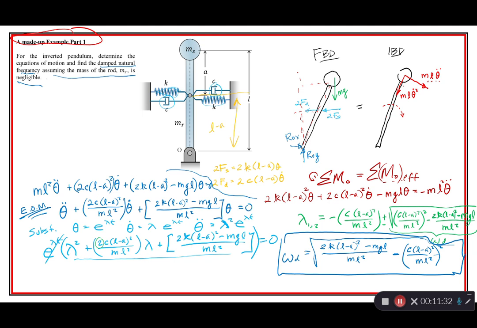It's no longer a vibration problem. It just dies away. And then also, if we left it in here as negative, it would make this an imaginary number. So those are good reasons why we would switch this around, right?